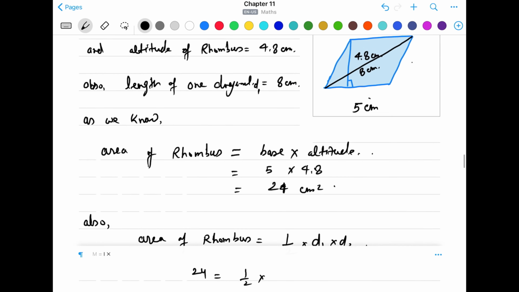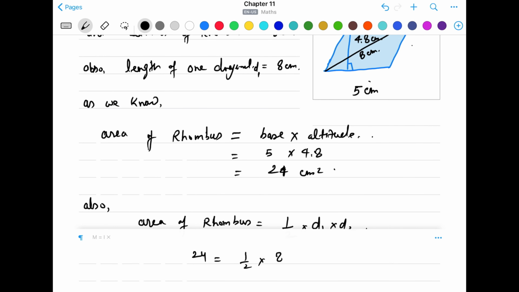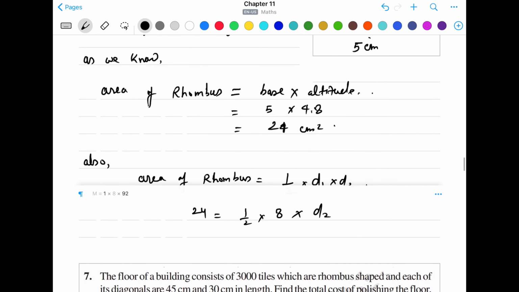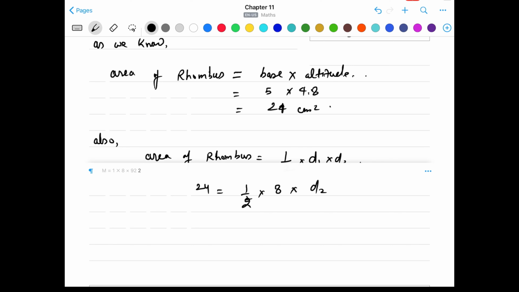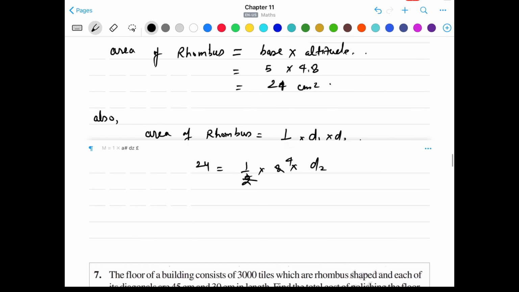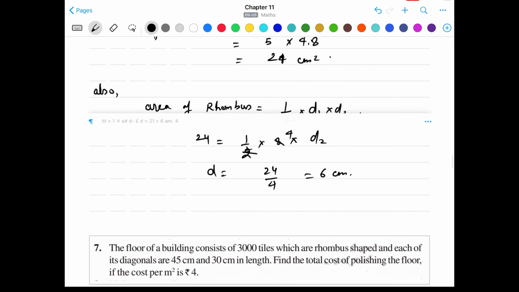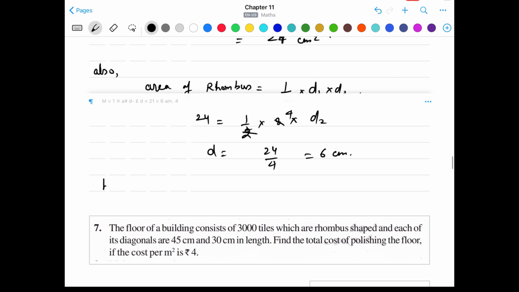We have this half, length of one diagonal is given, which is 8, and we have to calculate the length of the second diagonal. Okay, so this 2 when dividing this 8 will give us 4 here. Okay, so this d2 will be 24 divided by 4 equals 6 centimeter. Okay, so hence the length of the other diagonal is 6 centimeter.